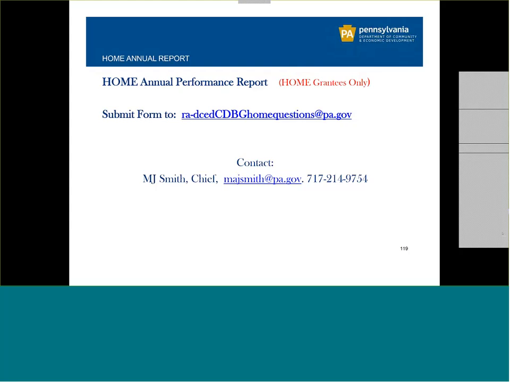It just assumes whatever you entered at the beginning when you set up your project remained the same. And in most cases, it probably does. But if for some reason your bids came in too high or whatever, that you made your program area smaller, your beneficiaries now change also.